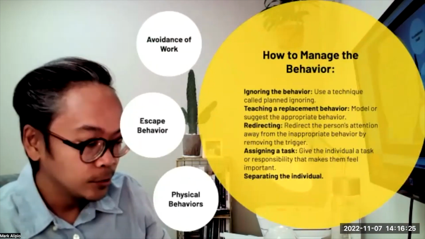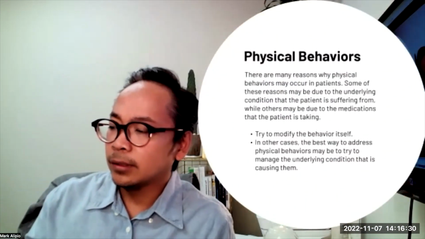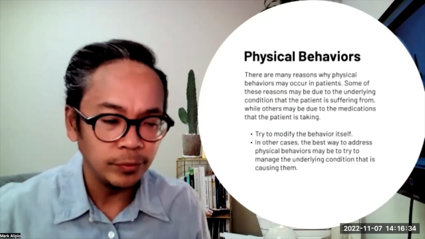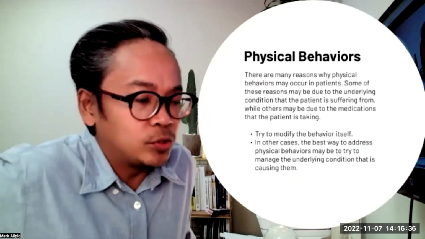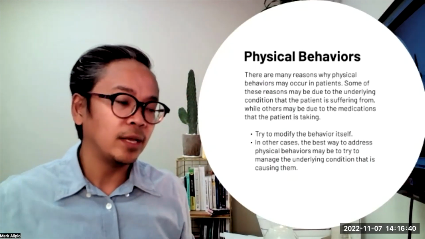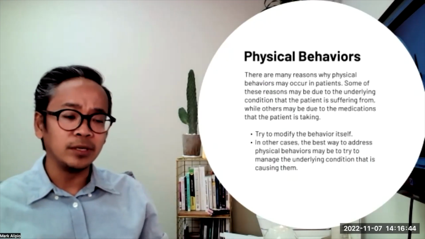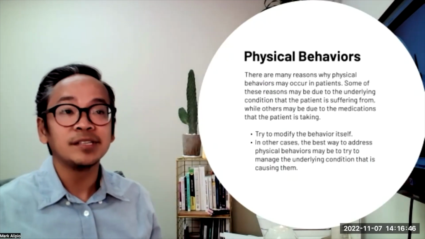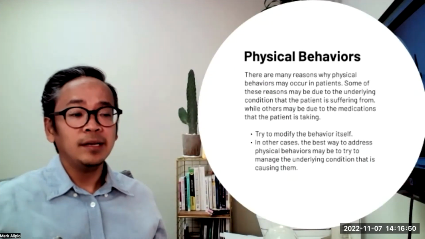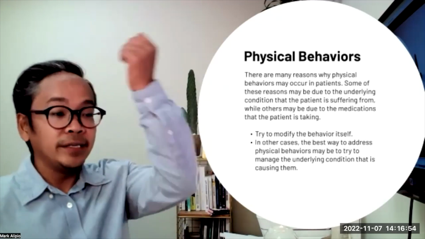Okay. So physical behaviors. This is where it really is more important for you to plan out and also have a collaborative approach, especially when your particular client or resident exhibits physical aggressive behaviors, right? So these physical behaviors may be harm to self, right?